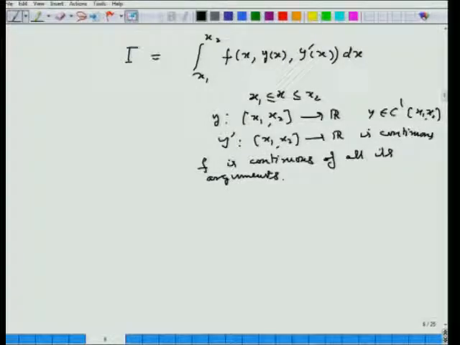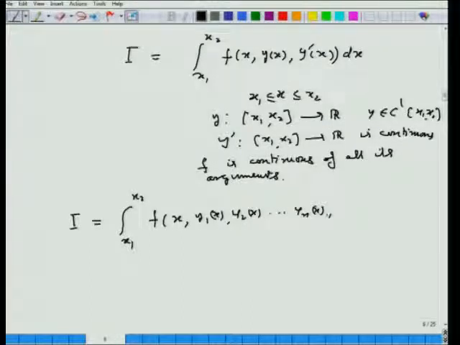So here the generalization of this could be I equal to the integral from x1 to x2, where f has more variables now, like x, y1(x), y2(x), and so on, and then their derivatives y1 prime(x), y2 prime(x), and so on up to yn prime(x), dx.